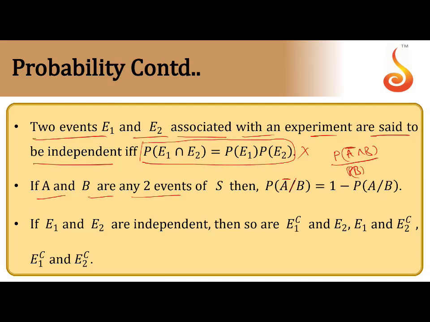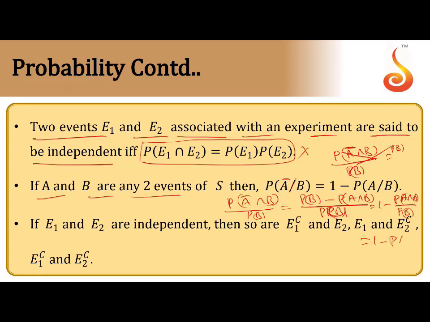Next, I will write P of B minus P of A intersection B, the whole divided by P of B. Now divide it separately. P of B cancels. So this gives 1 minus P of A intersection B, the whole divided by P of B. That means P of A intersection B by P of B is nothing but P of A by B.